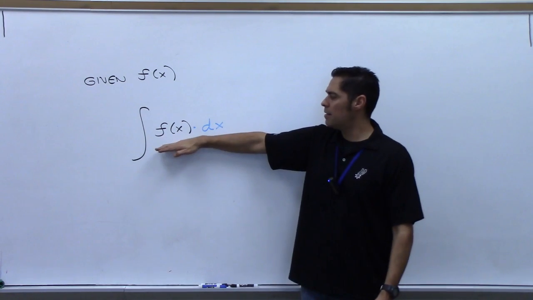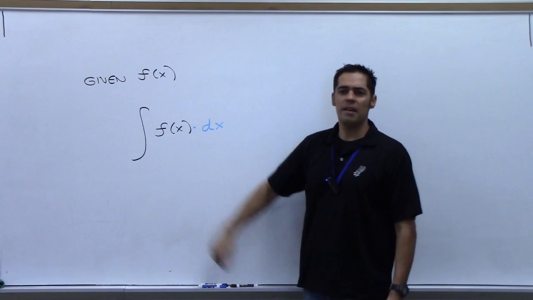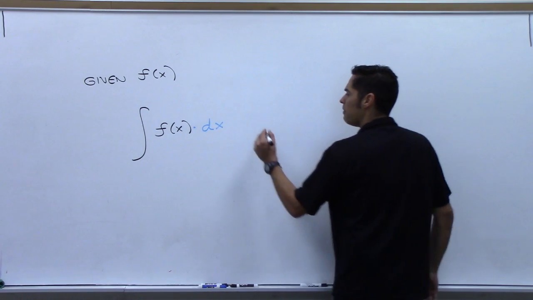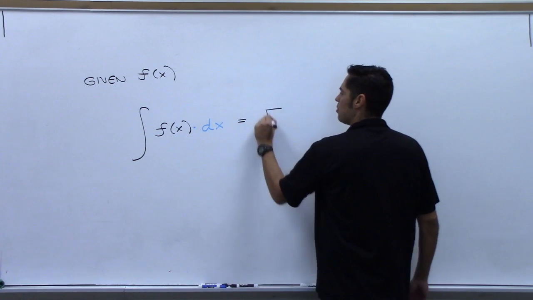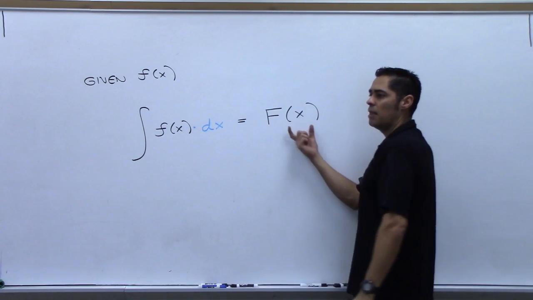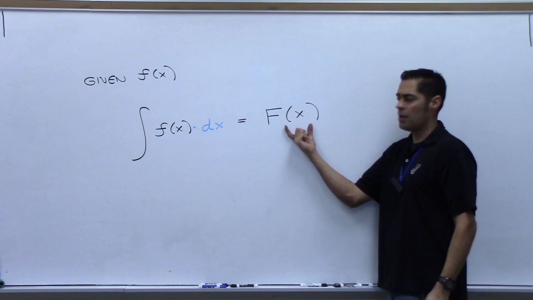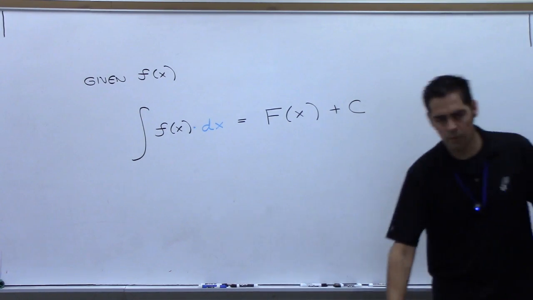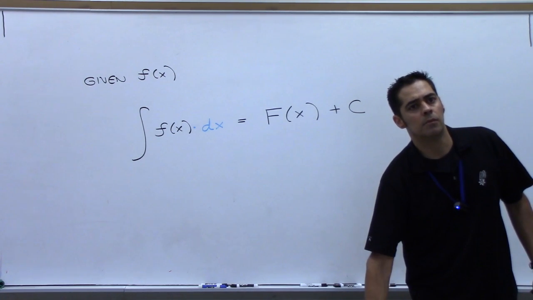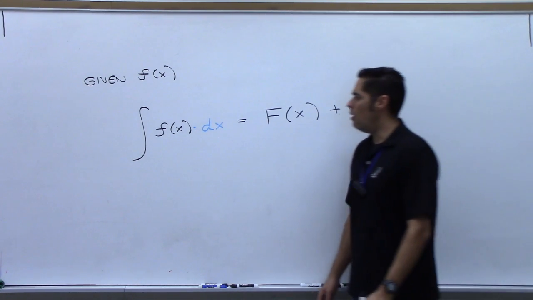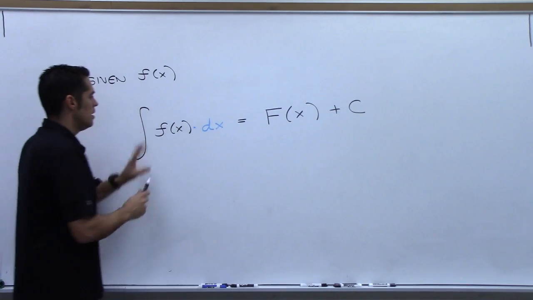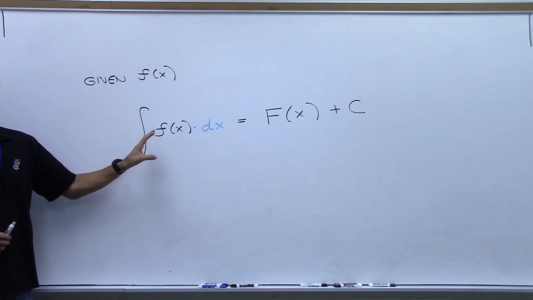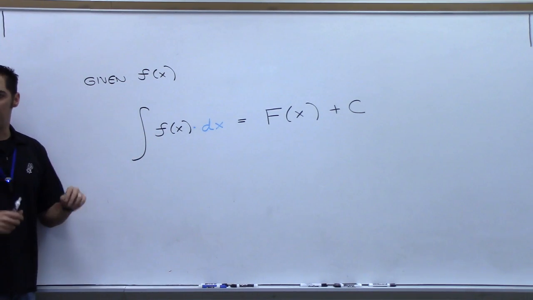So when I write something like this on the board, that means go find the antiderivative of that function. If you're able to find it, the answer should be the capital F, which is what we were referring to it as last time, plus a constant. All of this together is what we call the indefinite integral, as opposed to the definite integral, which will come later.